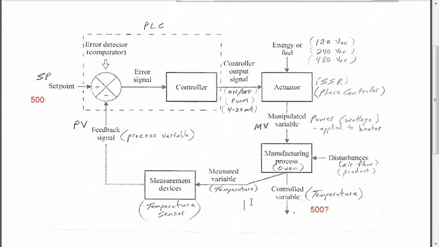You have your process variable here. Your process variable is what you're trying to control. Yes, it is the thing you're trying to control. Yes, it's also the thing you're going to measure.